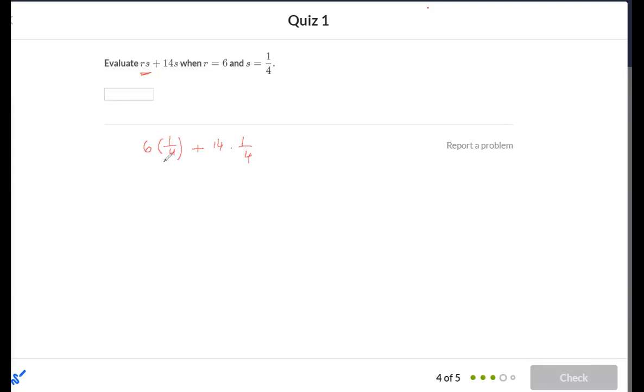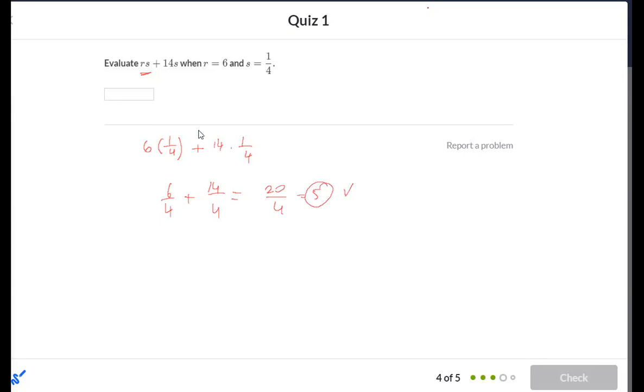So that's exactly the same. So now that means I can just write 6 over 4, and this can be written as 14 over 4. This is good because we have the same denominator, so we can add the numerators, which gives me 20 over 4, which gives us 5. So that is going to be our answer, as most of you already got that.